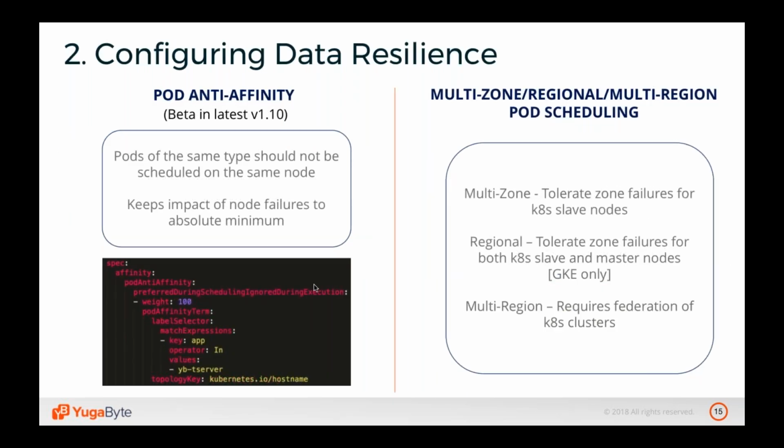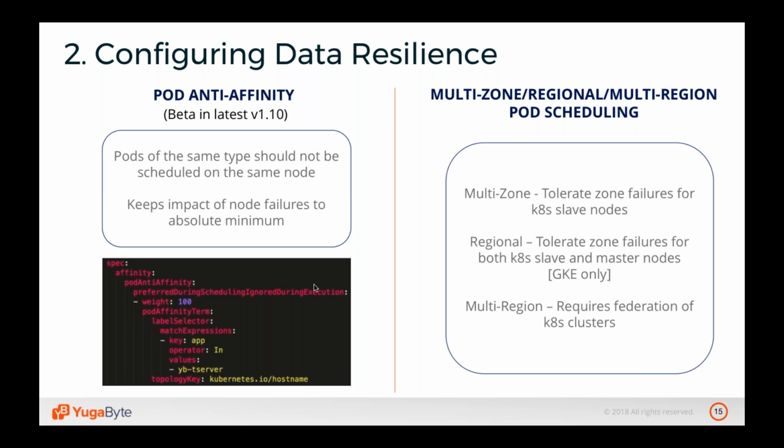Okay, so the second aspect that's extremely important is how do you ensure data resilience? Because typically in Kubernetes, if you don't specify the number of CPUs, and you typically don't want to specify the number because you want the pods to expand and use as many CPUs as they need, you have the risk of having multiple pods being scheduled on the same machine, which means if the machine goes down, it takes down multiple pods and the database may actually not be available.